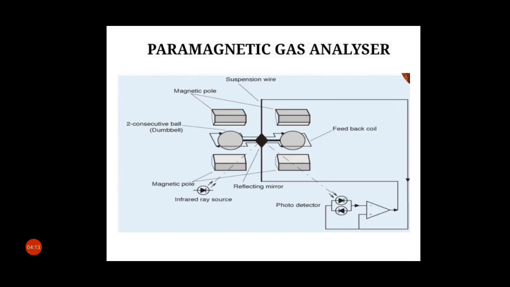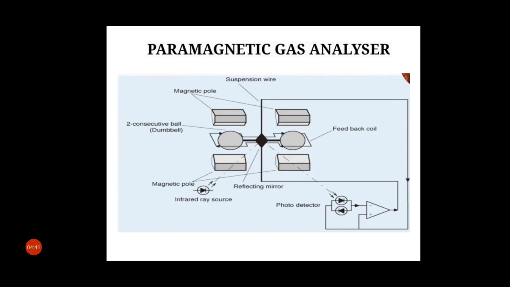This is the schematic diagram of the paramagnetic oxygen analyzer. In this picture, we have a dumbbell shaped sphere. There are two spheres in the form of a dumbbell.